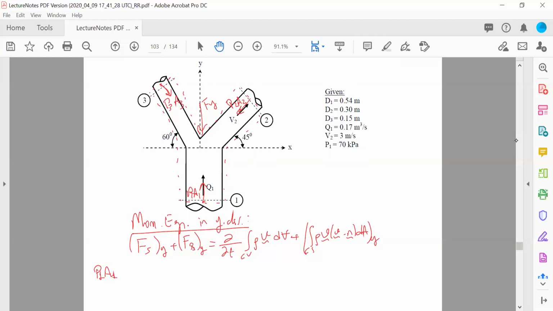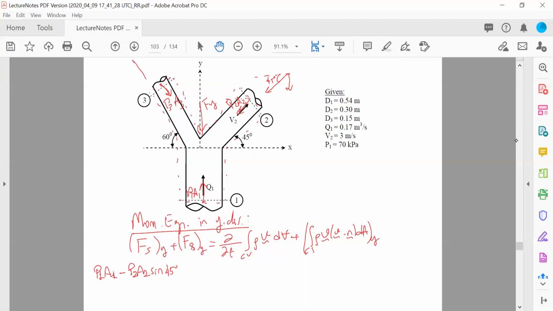Initially for P2, as this angle is 45. Let me plot here. This angle is also 45. And we are looking for this component of P2A2, which will be the force itself multiplied by sine of the angle in the negative direction, minus P2A2 sine 45 degrees.